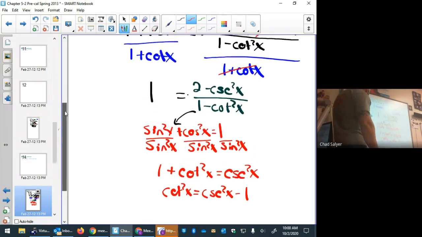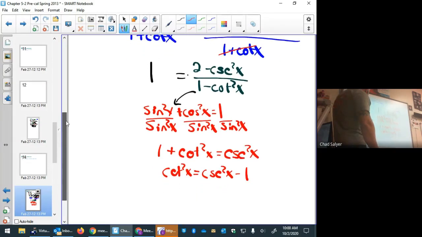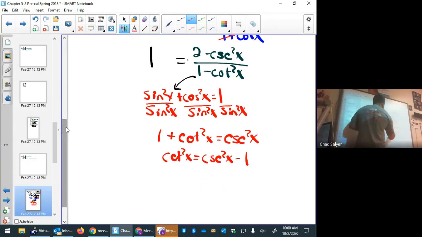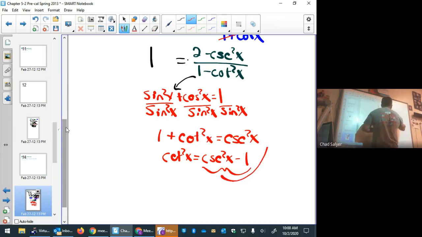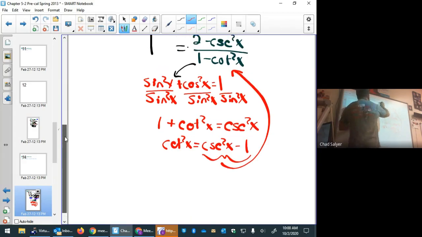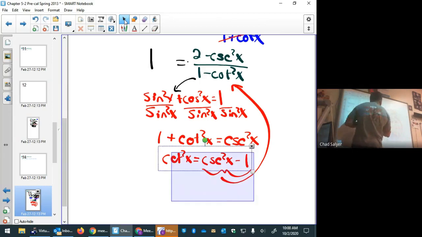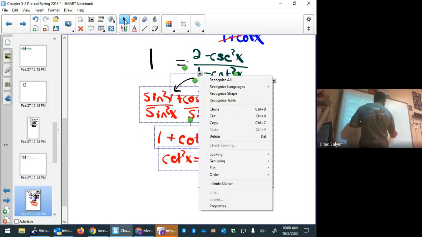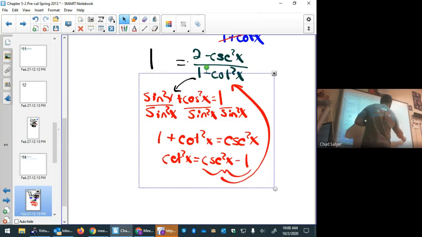Will that help us? Yeah, I think it will. I think, in fact, it'll get us exactly where we need to be. Because if I plug this in for this, it's going to simplify out and be something that'll clearly be equal to 1. So let's write the next step. I'm going to shrink all this so that we have room for our next step while we're looking at that one.